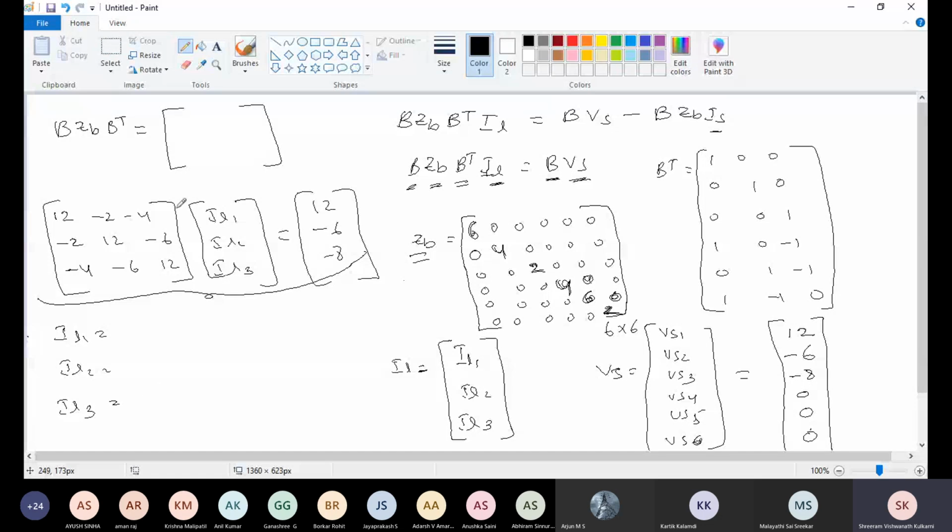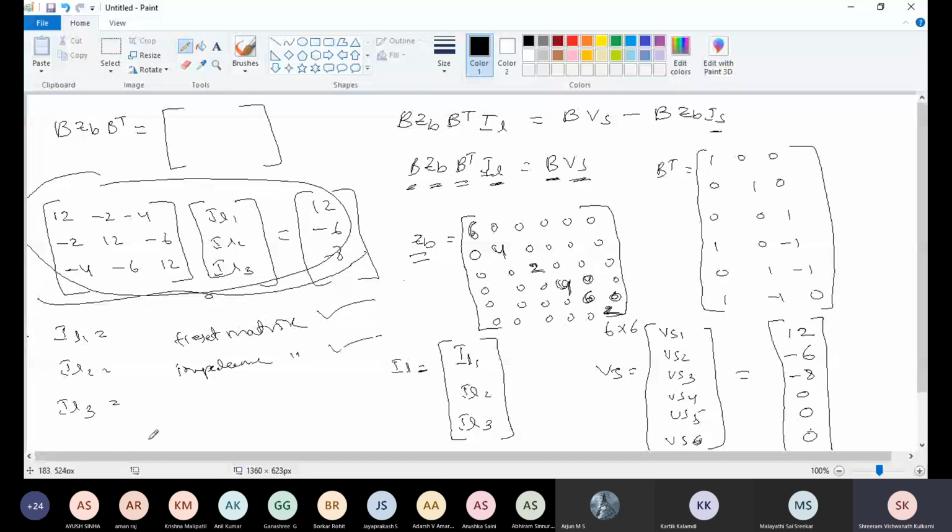For reaching this stage, we need to know how to write the incidence matrix, how to write the impedance matrix, how to write the loop current matrix and the source voltage matrix.